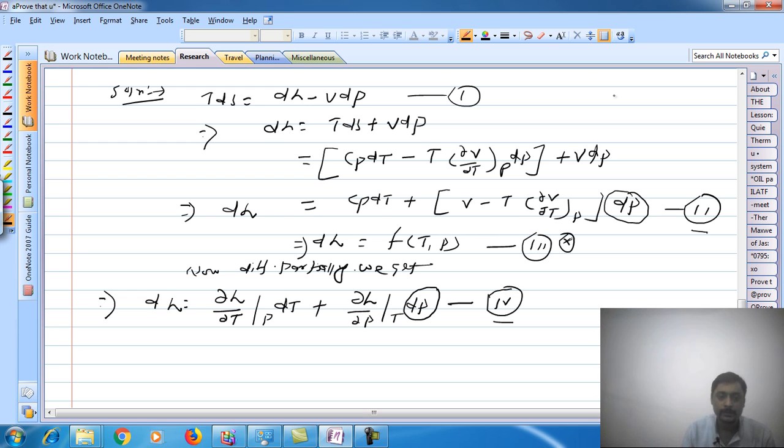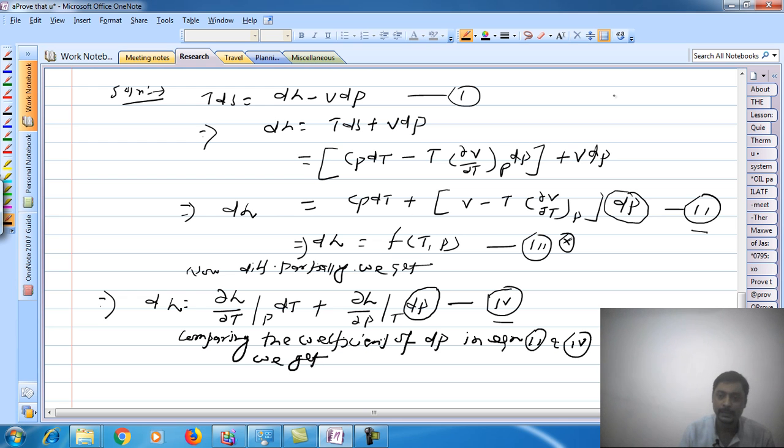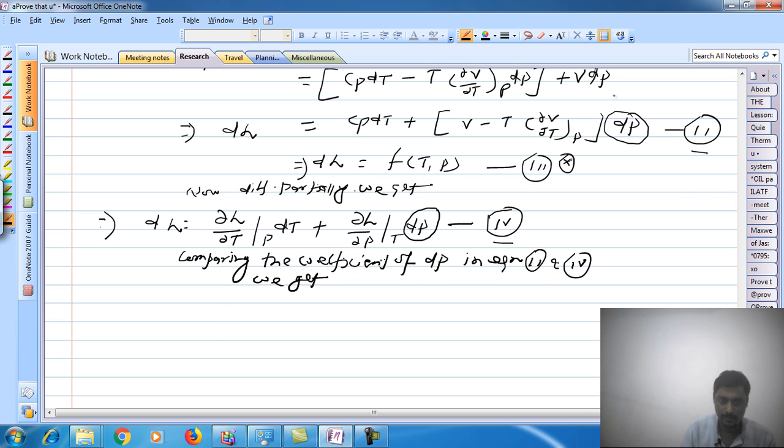Comparing the coefficient of dP in equations 2 and 4, we get del H by del P at constant temperature is equal to V minus T del V by del T at constant pressure.